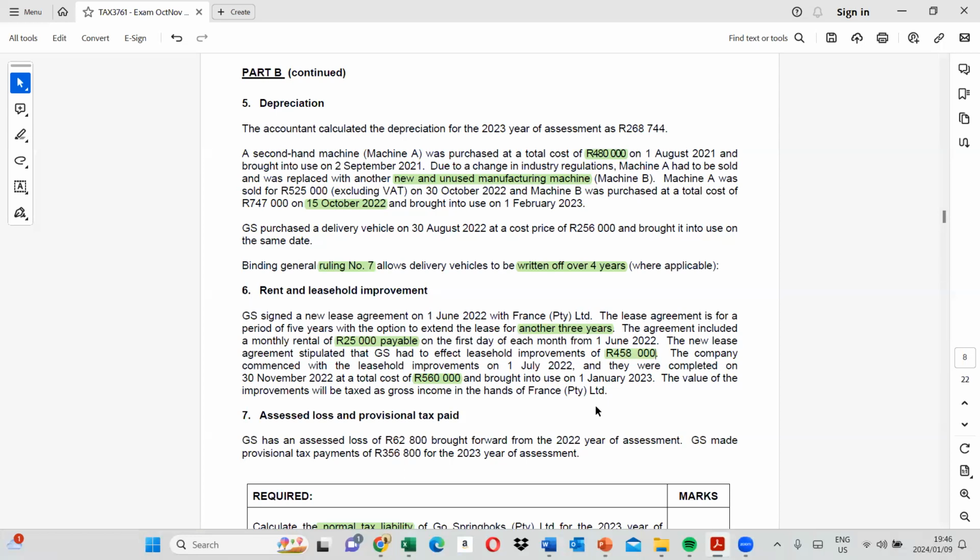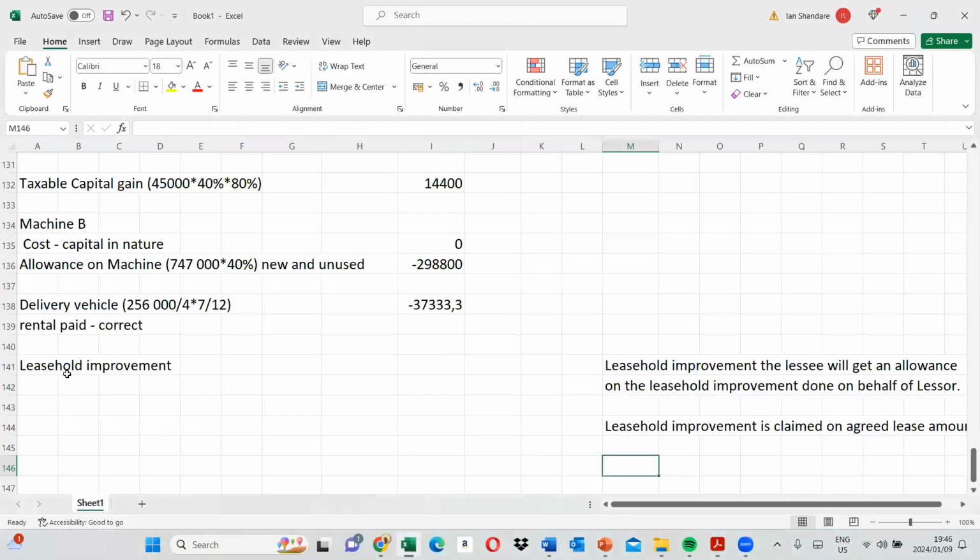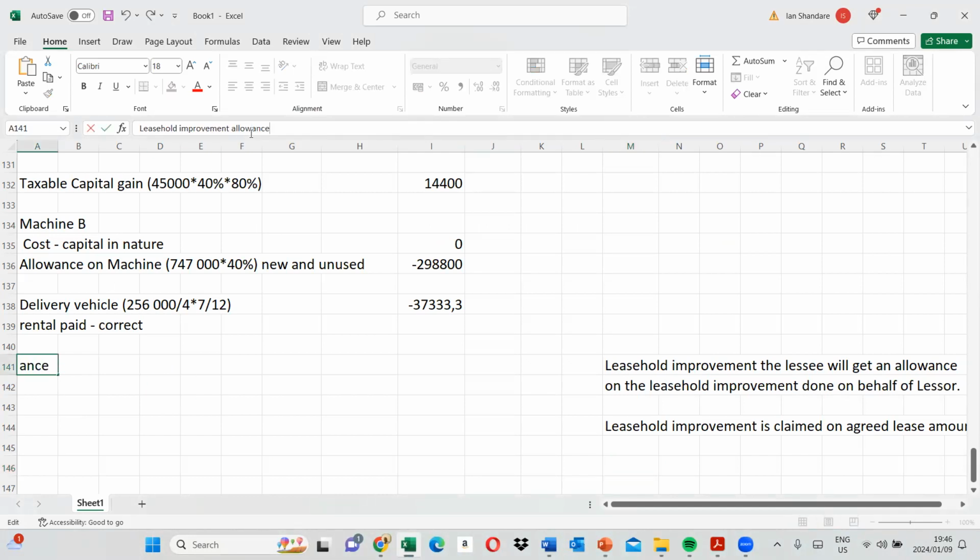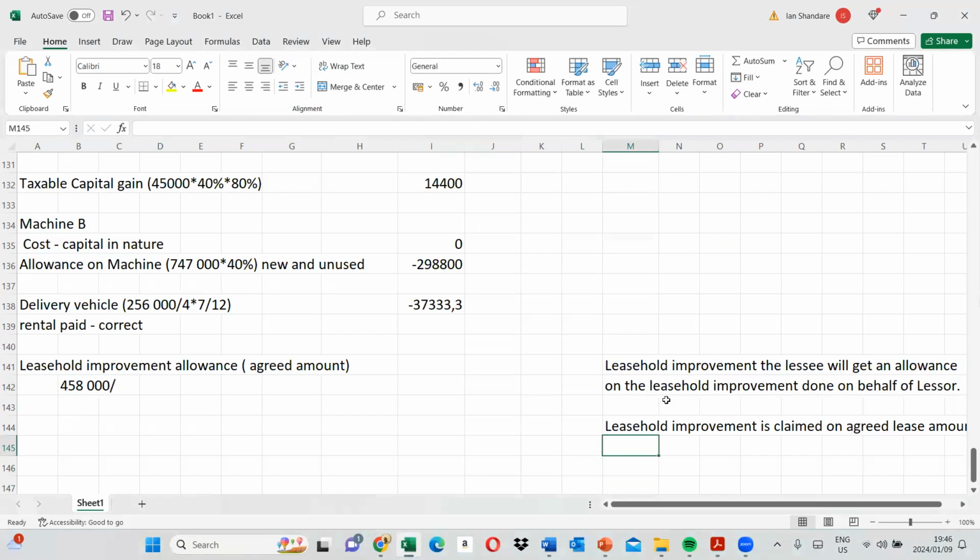All right, so they agreed 458. Right, now the 458 now is claimed over the remaining lease term.